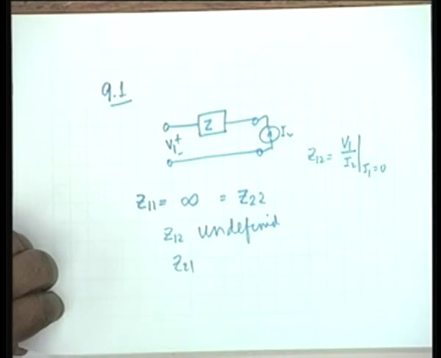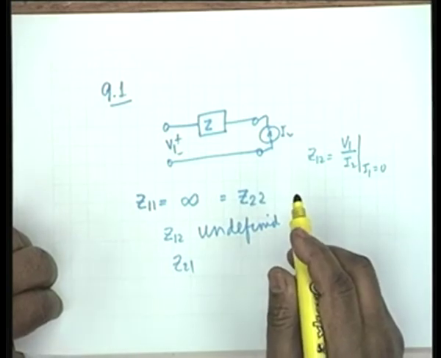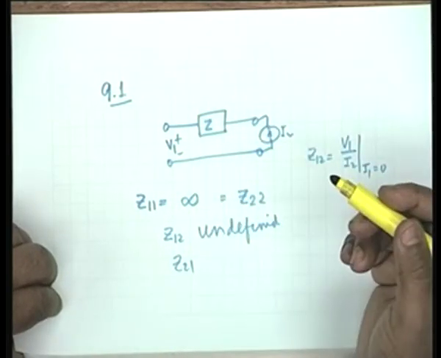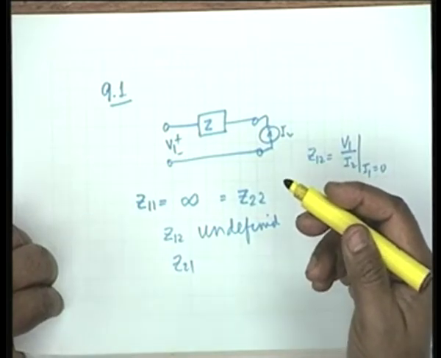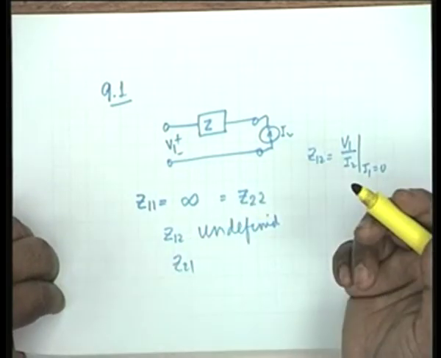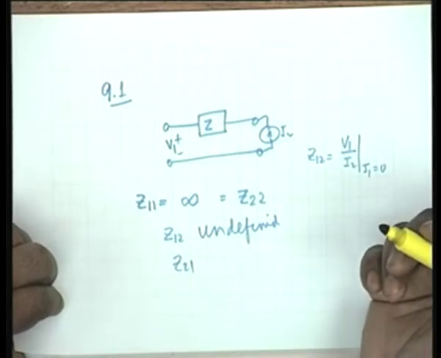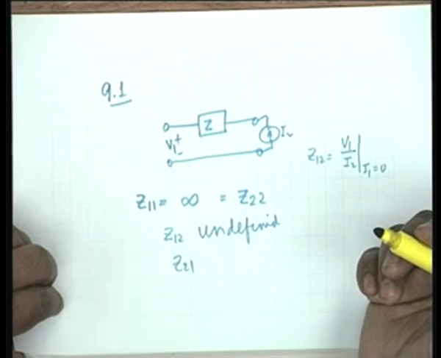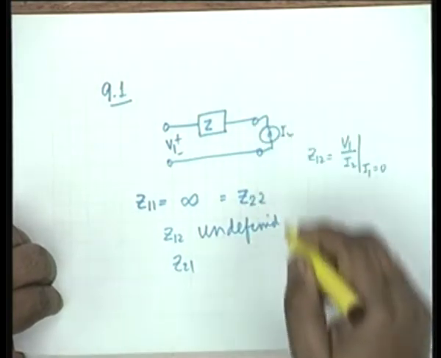Now, as I go ahead, I will give you the tricks of the trade. One of the things that you can exercise is in such a network, instead of calculating Z11, Z22, Z12 every time you get a network, it may be useful to compare it with the T equivalent circuit that we had formulated.